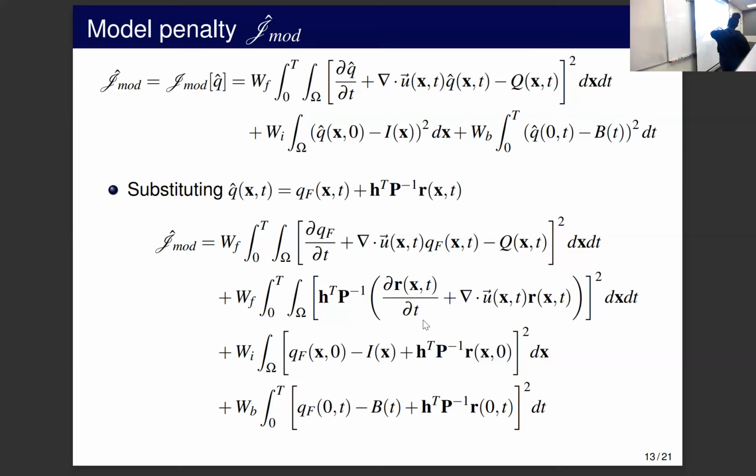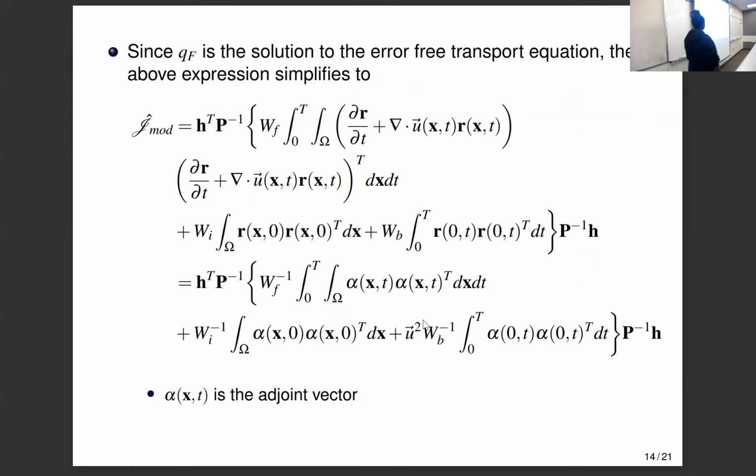But remember, we said that QF is the solution with error-free representer to the error-free transport equation. Therefore, some of these terms go to 0. For example, this will go to 0, this will go to 0, and that will go to 0 to give us an expression only in terms of the vector of the representer coefficients.